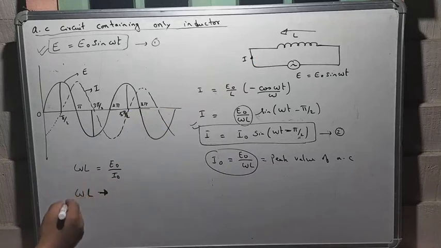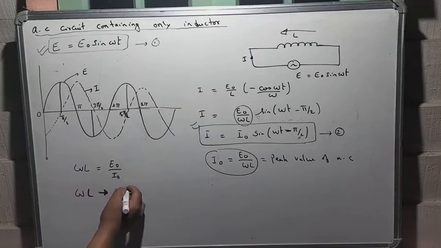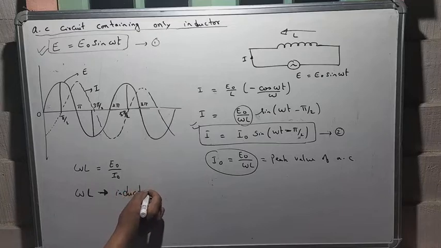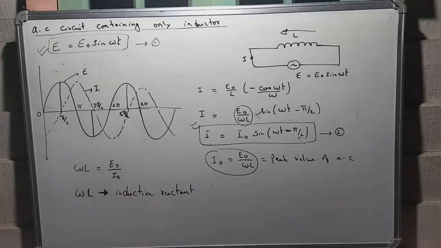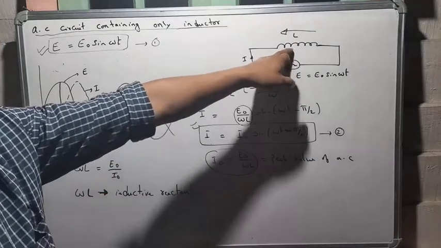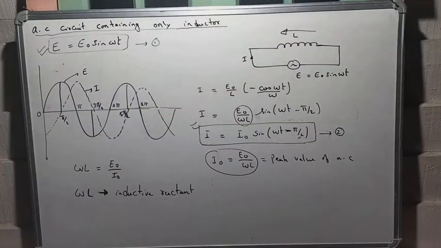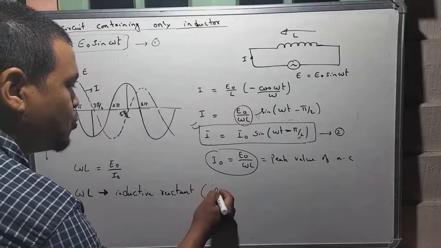But the name of this omega L here is known as inductive reactance. So what is an inductive reactance? An inductive reactance is the resistance which is offered by the inductor in the circuit. And because it behaves like a resistance only, the unit of this omega L will be measured in ohm.